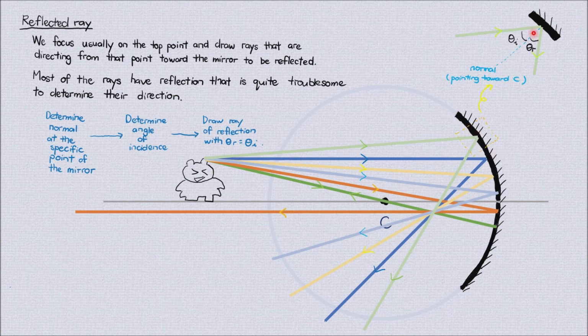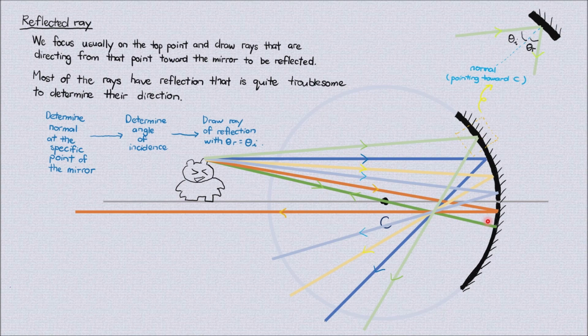So using your normal line, you know that any ray that comes in will come in at an angle of incidence, and what you need to make sure is that your angle of reflection is equal to the angle of incidence. And from there, I deduce that my line will be going this way. You can see that the normal line is in between the incident ray and the reflected ray. It's pretty troublesome actually if you want to determine everything using this method, one by one.